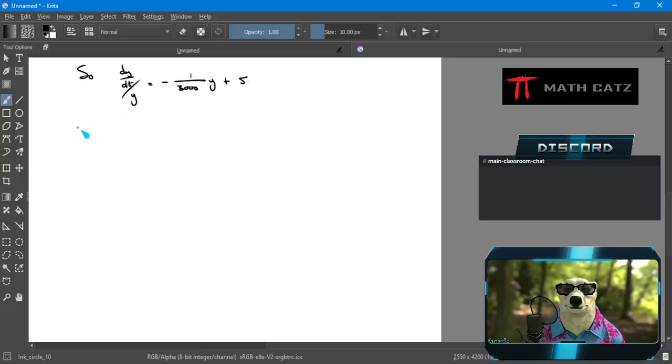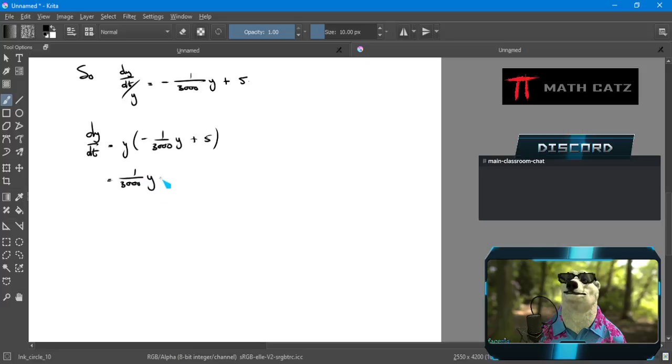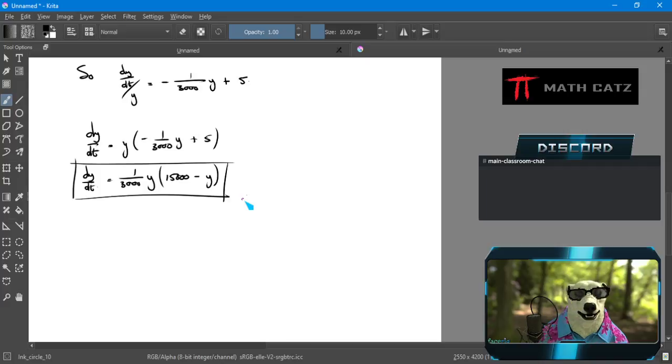All we have to do is multiply by y on both sides. dy/dt is therefore, I'm just going to keep them like this because we want them factored anyway. I'm going to take out 1 over 3,000 and write that in front, then have my y there, and then swap the other two around as 15,000 minus y. And there is our more familiar looking differential equation.